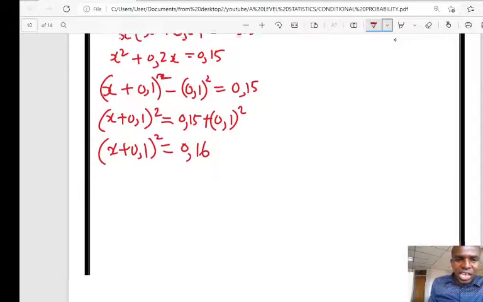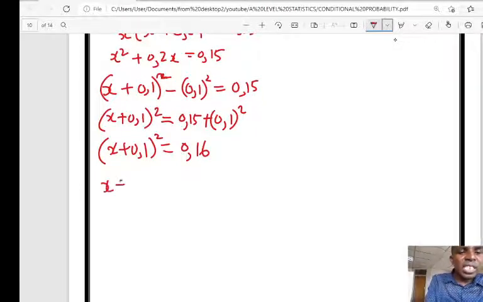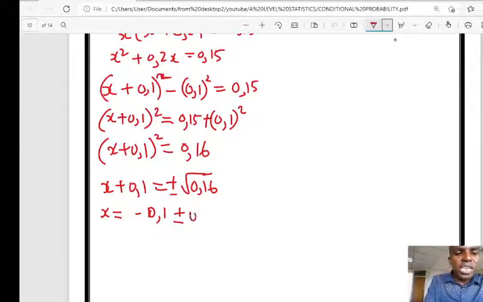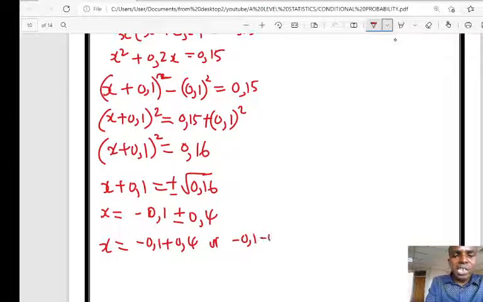Right? Further, it will be X plus 0.1 is equal to plus or minus square root of 0.16. Then X will be equal to minus 0.1 plus or minus square root of 0.16, which is what? Square root of 0.16 is 0.4, plus or minus 0.4. Then X is equal to minus 0.1 plus 0.4 or minus 0.1 minus 0.4.